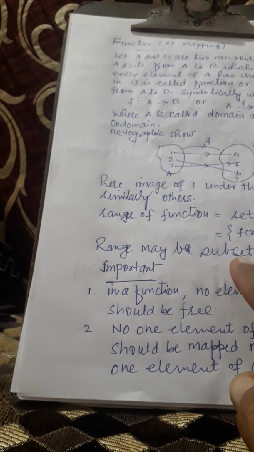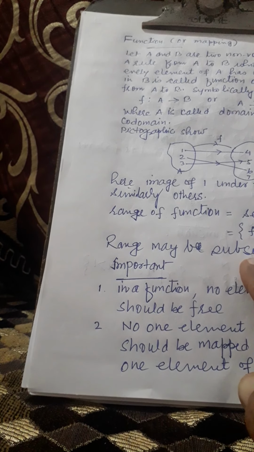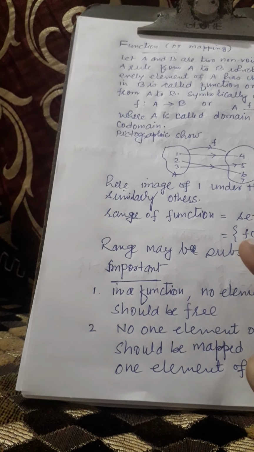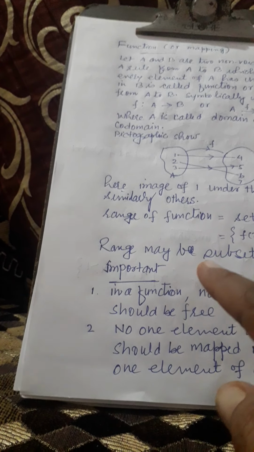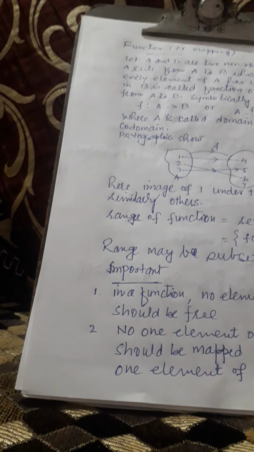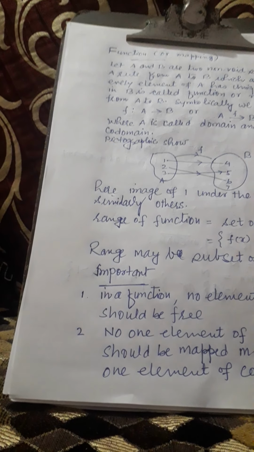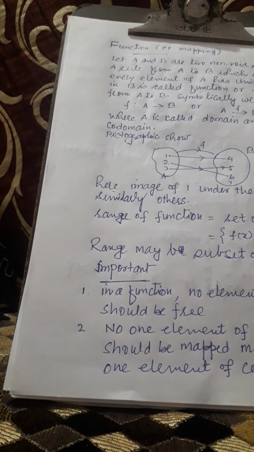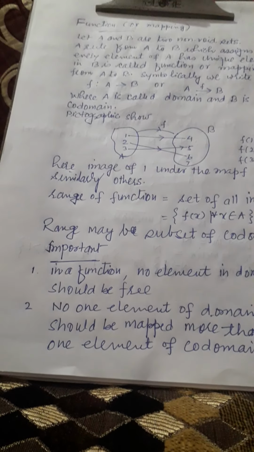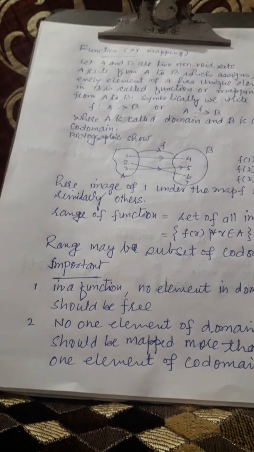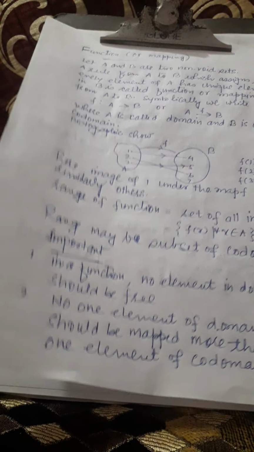It means the set of all those elements of the set B which are images of the elements of the set A. This can be written like this: the set f of x such that x belongs to A. Range may be equal to codomain or a subset of codomain.